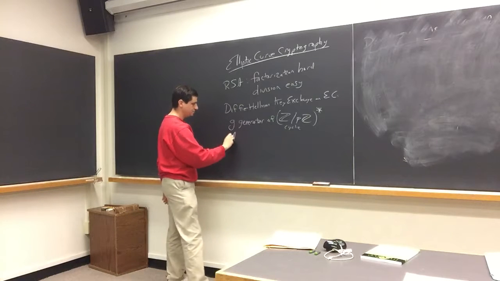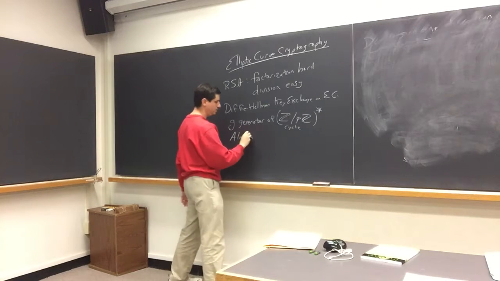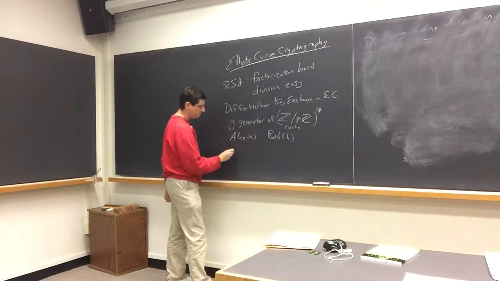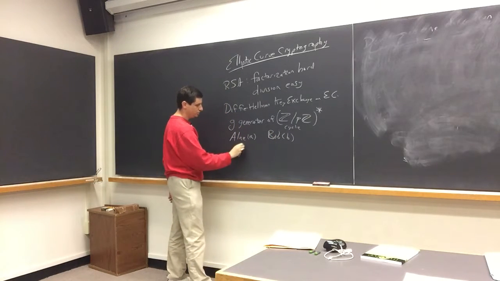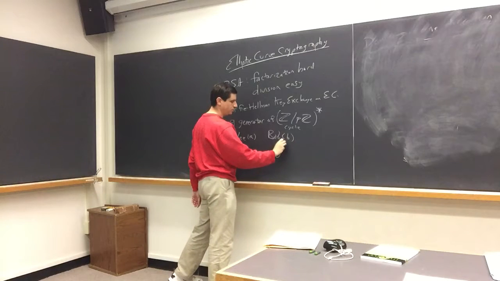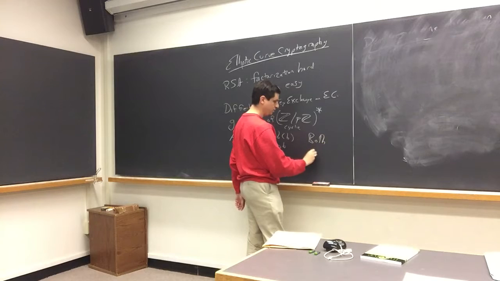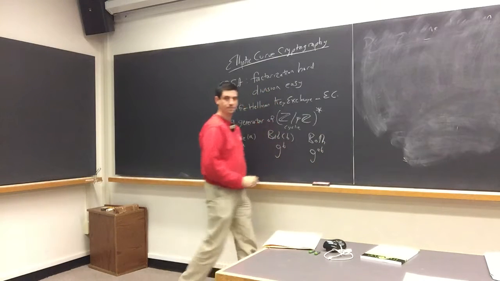And then you have Alice, who chooses an a, Bob chooses a b, and Alice yells out g to the a, Bob yells out g to the b, and then they both can figure out g to the ab.